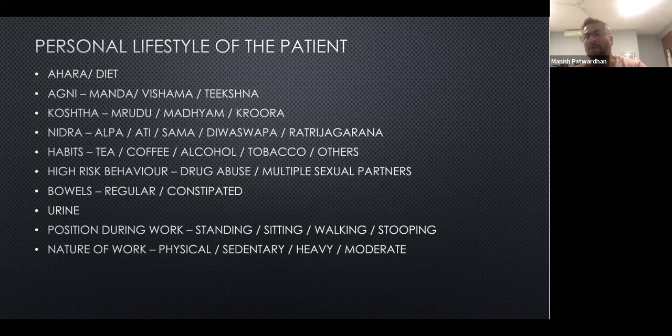At the end of the day, what was the lecture about? The lecture was that the problem is not with the cholesterol, the problem is with the blood vessel. When the blood vessel walls are damaged, that's when the cholesterol will start acting like a band-aid and repairing it. And as the damage becomes more and more, the more band-aids you apply, the more thickening of the wall will happen.